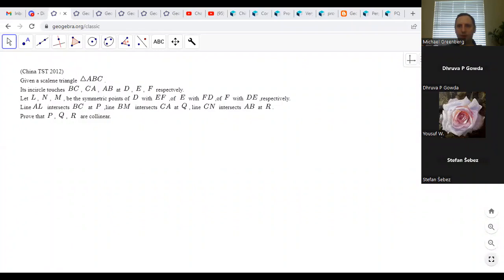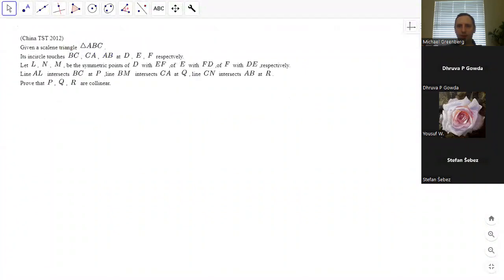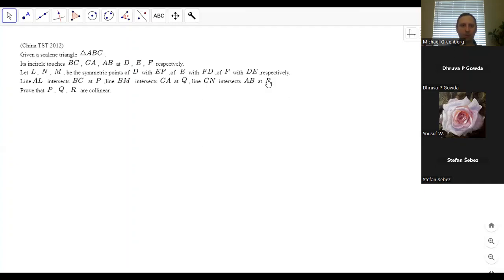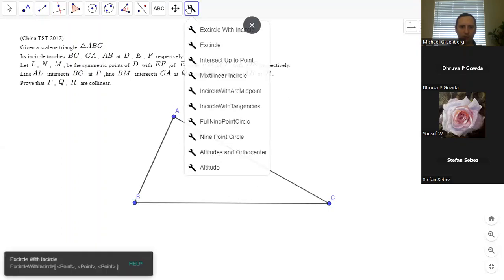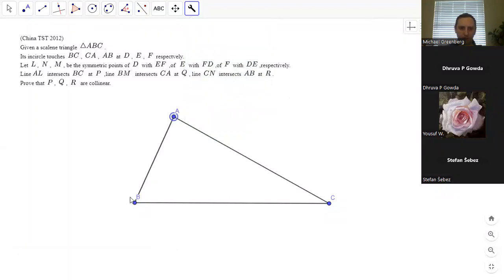So this is from the China team selection test in 2012. We have a triangle and an incircle, which touches it at D, E, and F. I've created a tool that gives us all three tangency points.